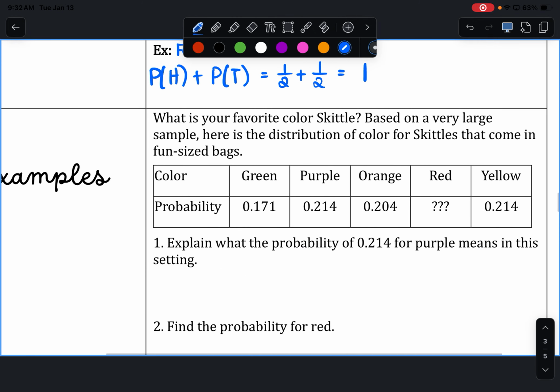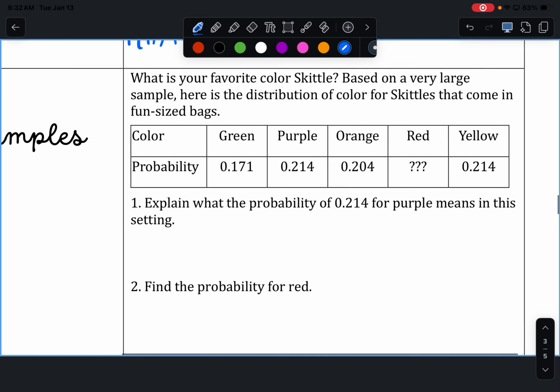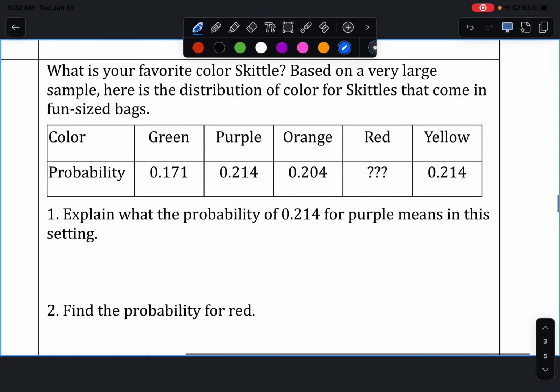So we're going to look at some examples for the rest of class today. Let's look at this first example. It says, what is your favorite color of Skittle? Based on a very large sample, here is the distribution of colors for Skittles that come in the little fun-sized bags.